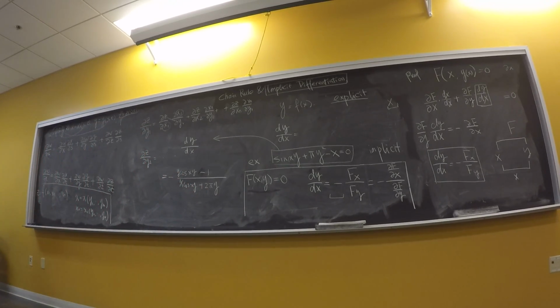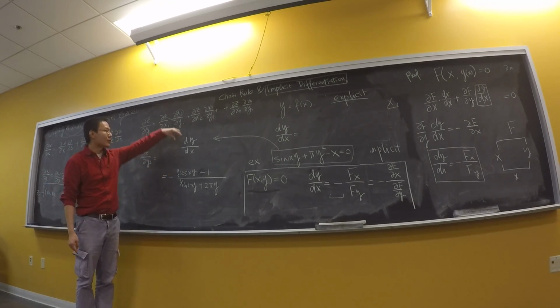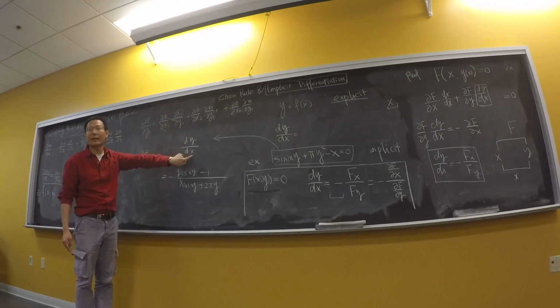So one last remark about the implicit function theorem is, even though we can compute the derivative here, we cannot ask for more. What I mean is, usually if you compute the derivative of y with respect to x, you want to write down your answer in terms of x. All right?